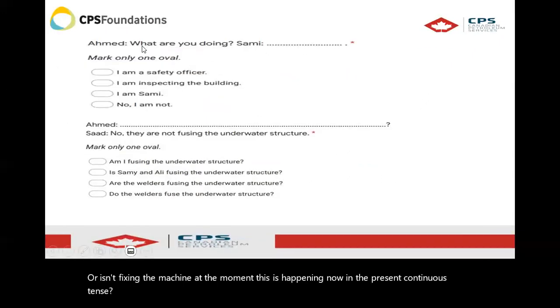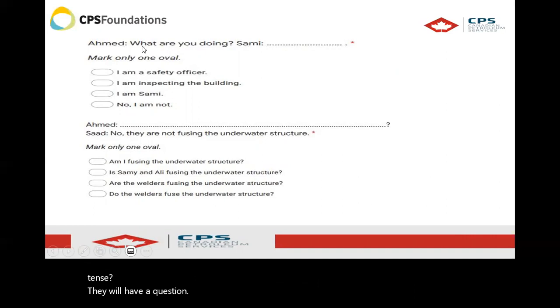Then we have a question. Ahmed asks Sami, what are you doing? And Sami says, I am inspecting the building. This question is in the present continuous, and we should say, I am inspecting, in the present continuous also.